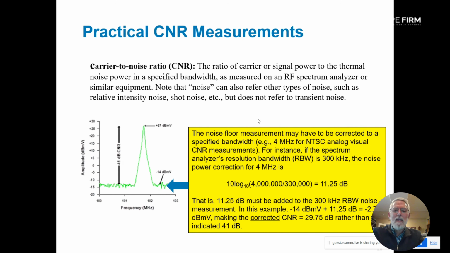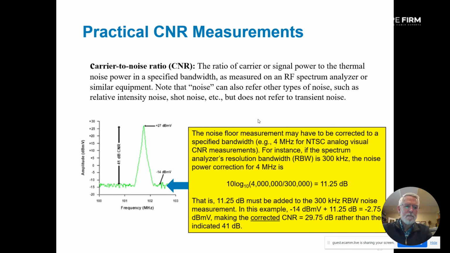There are some things you need to take into account. As we discussed earlier, that noise floor measurement might have to be corrected to a specified bandwidth. If you're doing a carrier to noise ratio measurement for analog NTSC TV channels, it's 4 megahertz. So let's assume that your spectrum analyzer measured the CNR that you see here on the left, and the resolution bandwidth control, the RBW control on the analyzer, was set to 300 kilohertz.